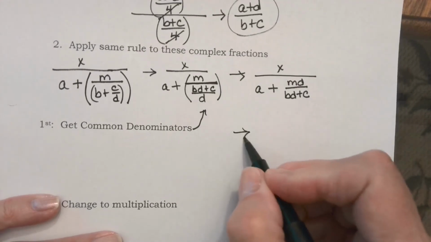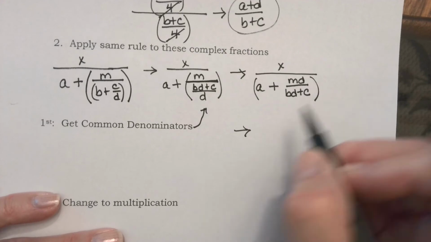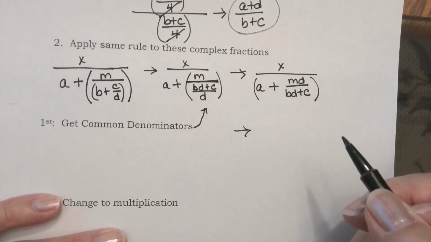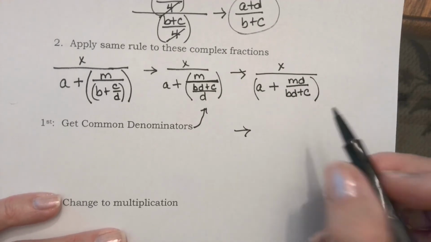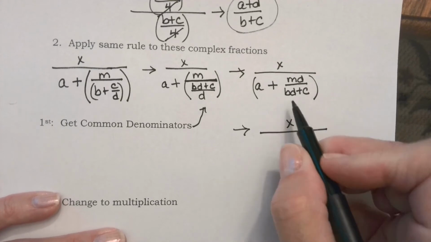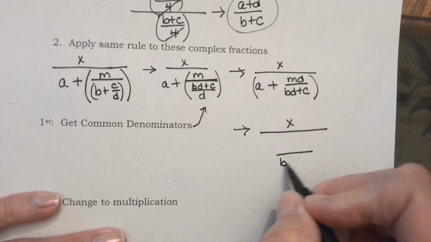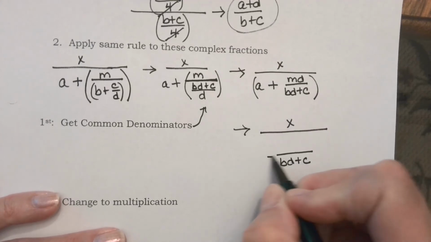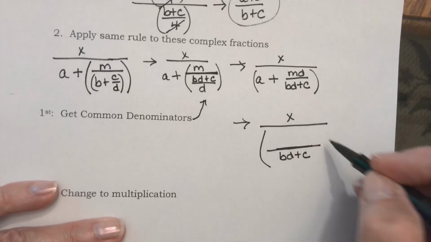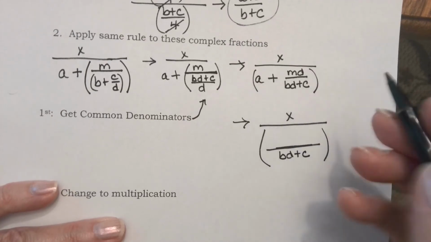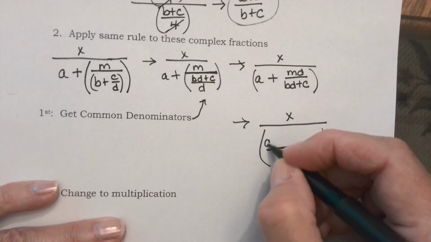The next thing I'm going to do now is I've got a complex fraction again. I got to get another common denominator now. The common denominator is going to be bd plus c. So what does that mean? Well, that means I got to multiply a times that. No, that means distributive property.